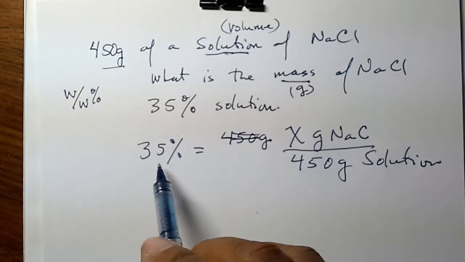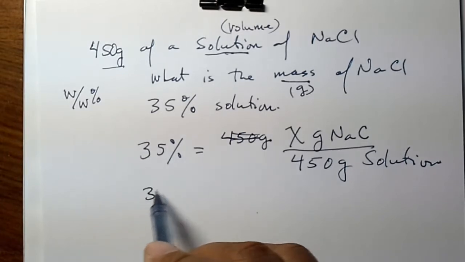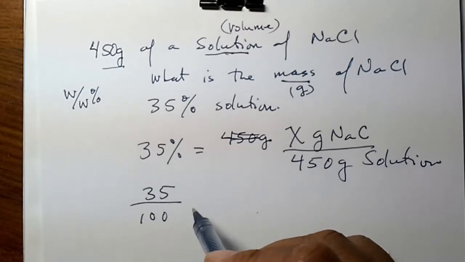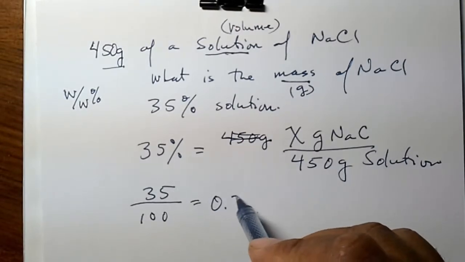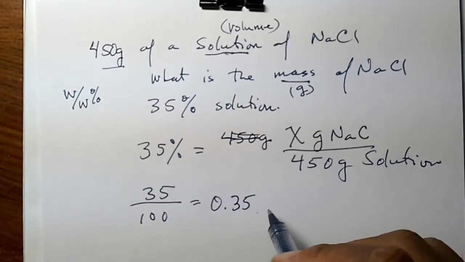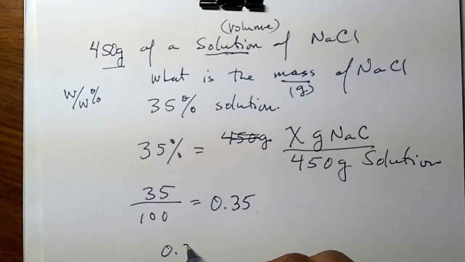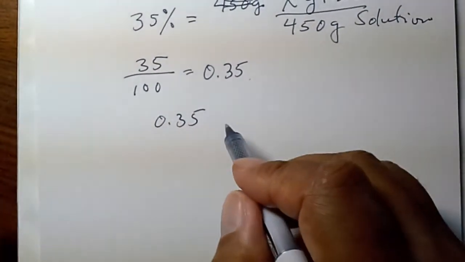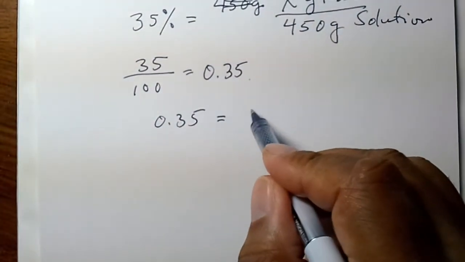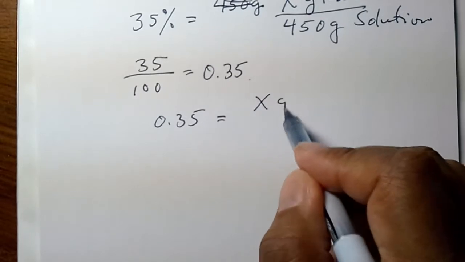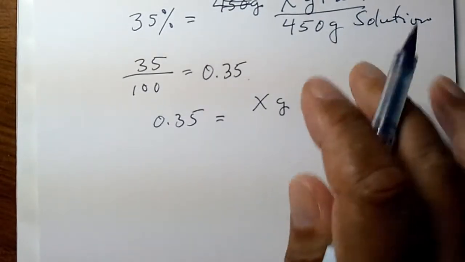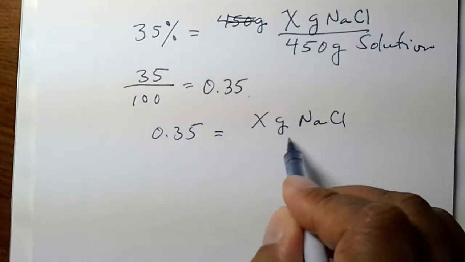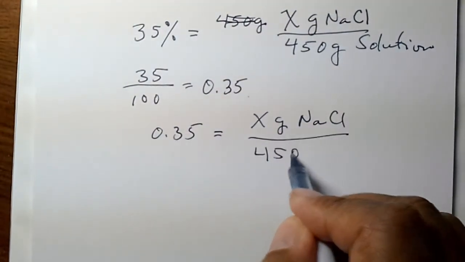Alright, so if we convert our 35%, we know it is 35 over 100, which is equivalent to 0.35. So we take 0.35 and we equate it to X grams of sodium chloride, sorry, it's supposed to be chloride up there, sodium chloride over 450 grams.